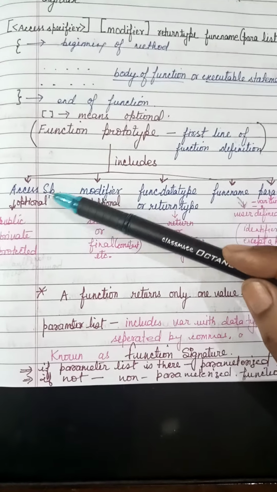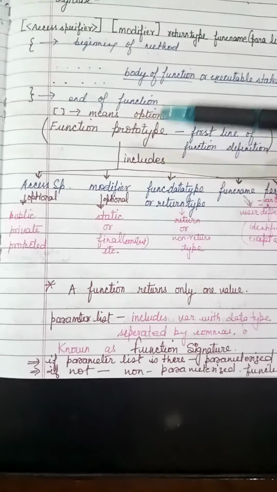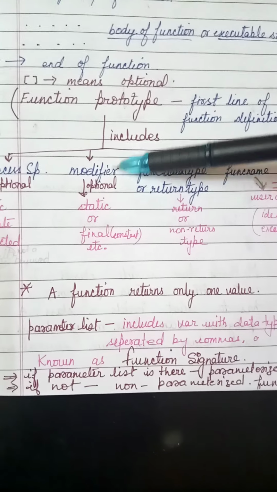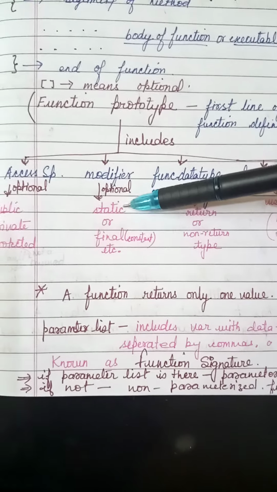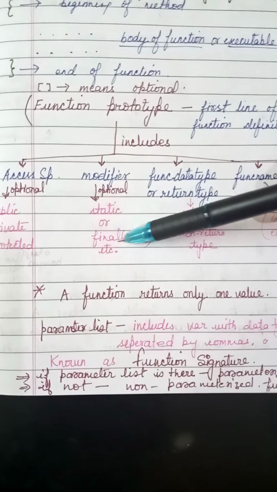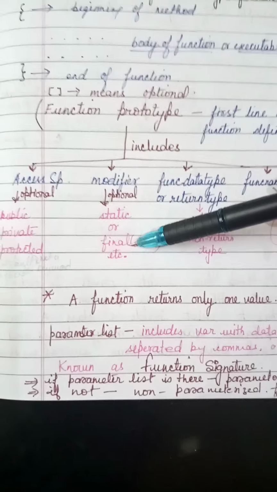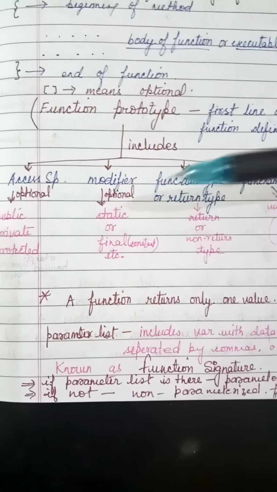This will define the accessibility of your function in your program. Then modifier, this one is optional, static or final. If you are writing your function as final, you can't change the functionality of that function. It will be a constant.